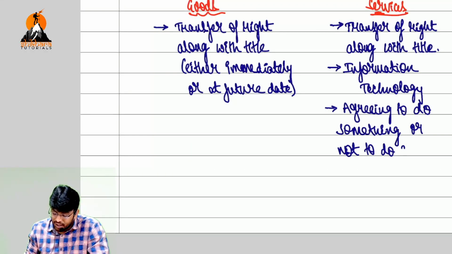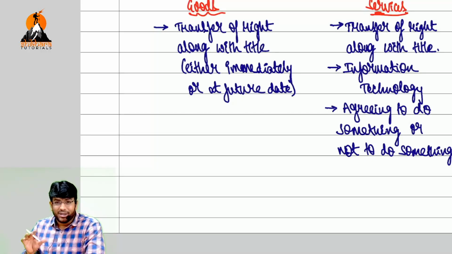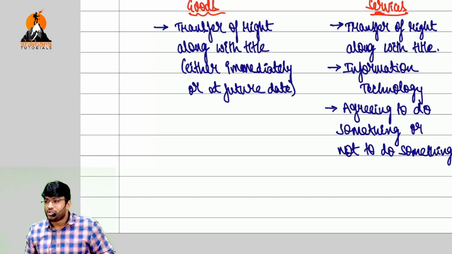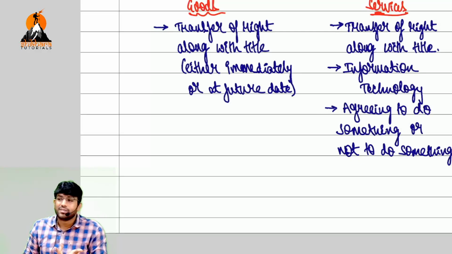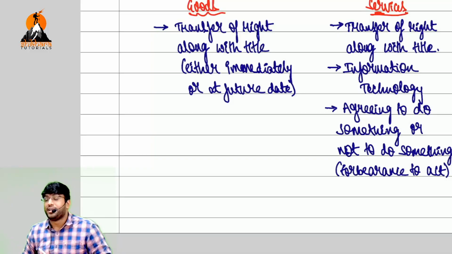Sir, understood this word? If somebody is telling, you don't do this, I will give this much. That is all service only, no? Somebody is telling, you don't do this activity, I'll give you this much money. So you are not doing something which you can do. That is all service only. Technically, we call it as forbearance to act. What do we call it, my dear friends?